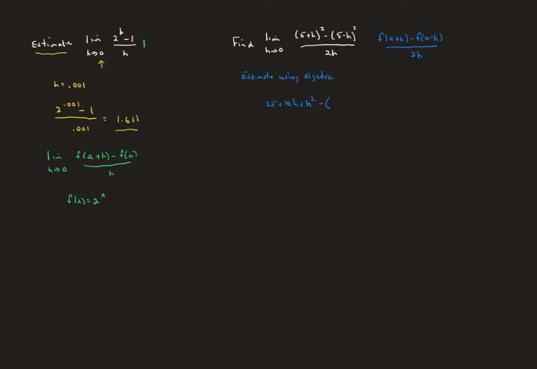We're going to subtract from that the first one squared, twice 5 times h, which is 5h times 2 is 10h, plus the second term squared. So this is the 5 plus h squared, and this is the 5 minus h squared, all over 2h, and we're going to take this limit as h goes to 0.